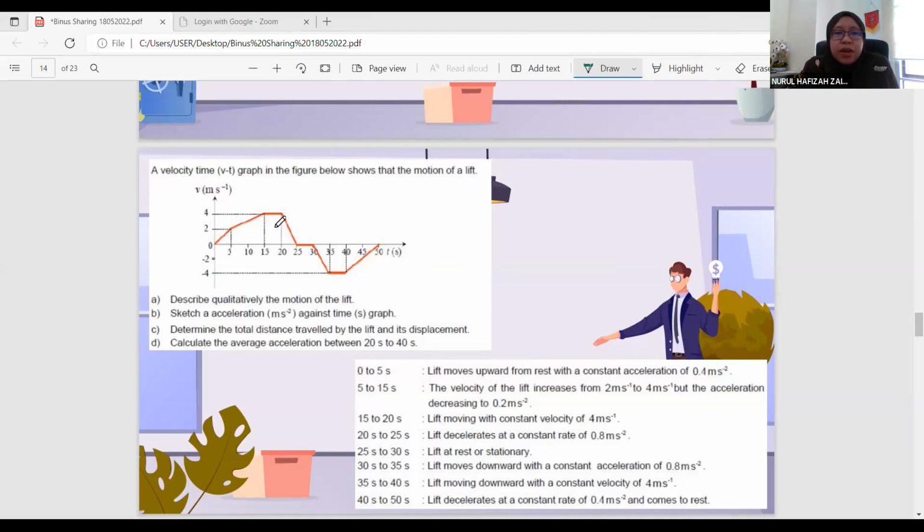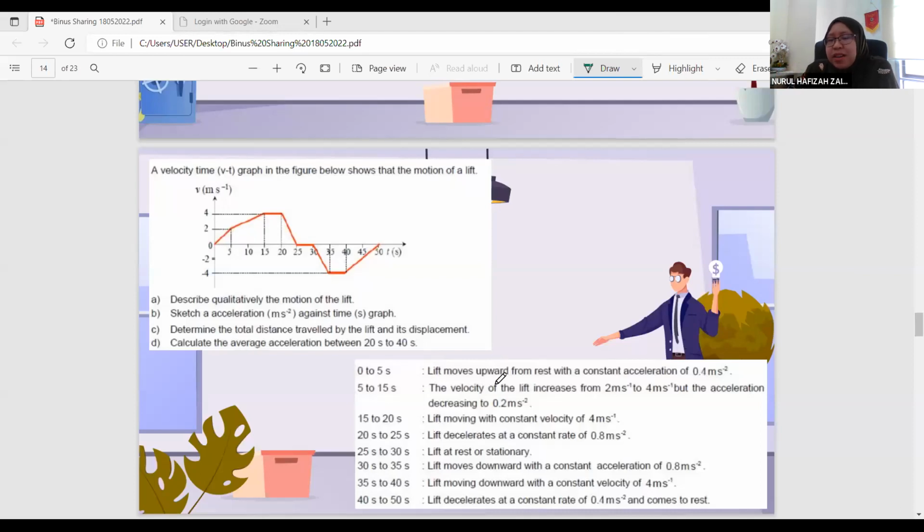Okay, if you have this one, describe qualitatively the motion of the leaf. It's a situation, a motion of a leaf, but we represent it by a V graph. You look here, there are a few phases. From 0 to 5 seconds, the leaf moves upward.